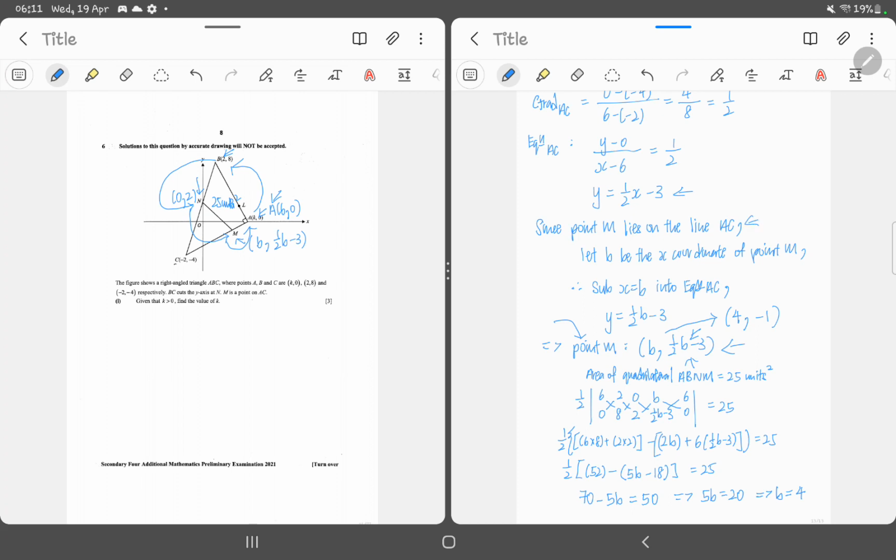So it's good that you walk through this question again and do it by yourself to know this trick, because if this question were to come out in the national exam, I believe that it will be considered a challenging question, but it is still doable if you know what tricks to use. And that's it for question number 6.